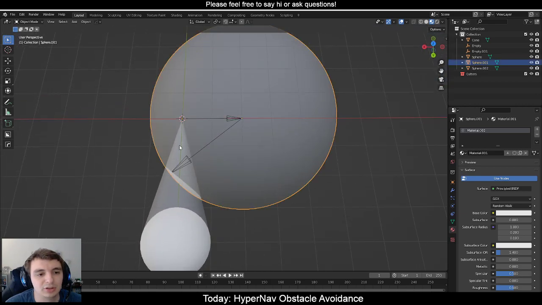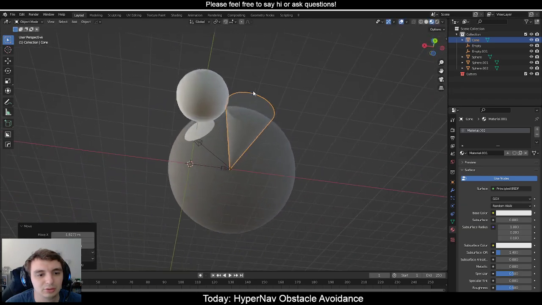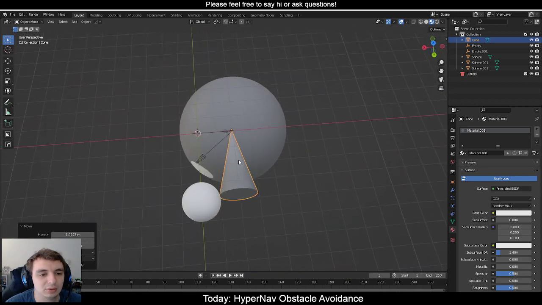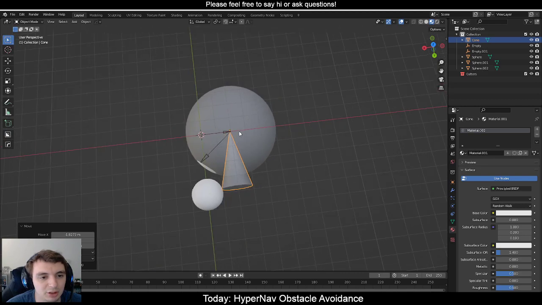Yeah, so I guess the easiest case is when the other agent has no velocity. And that's basically the case that I'm handling now.